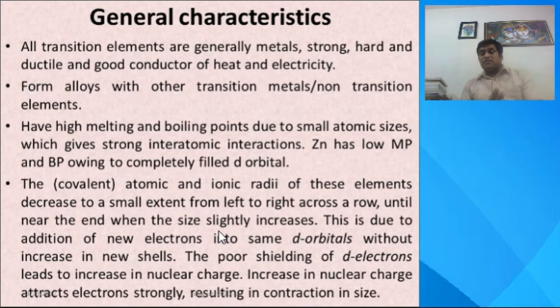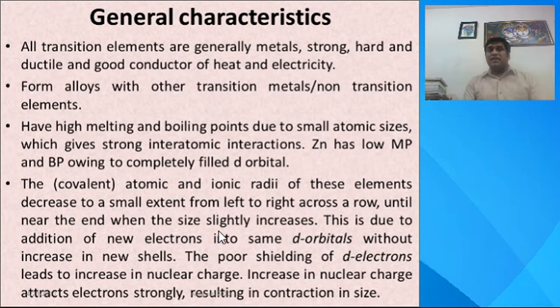This small extent of decrease in size from left to right is due to the addition of new incoming electrons into d orbitals without the addition of new shells. Every incoming electron is being added to the 3d orbital.